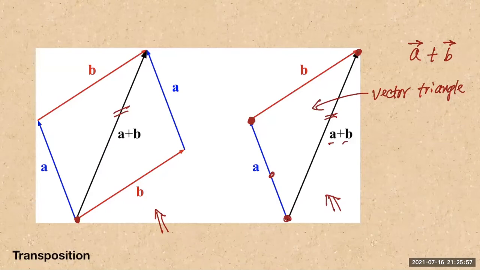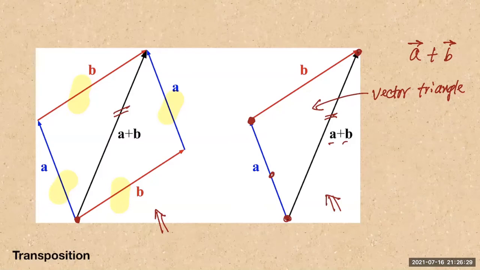And then, in order to get A plus B, I don't draw a triangle anymore. I need to draw what's called a parallelogram, okay? So once I get A and B, I'm going to continue drawing two parallel lines, this guy and this guy, to form a parallelogram with the first original vectors A and B. So you have a parallelogram formed by these four sides, and A plus B really is just the diagonal, okay?